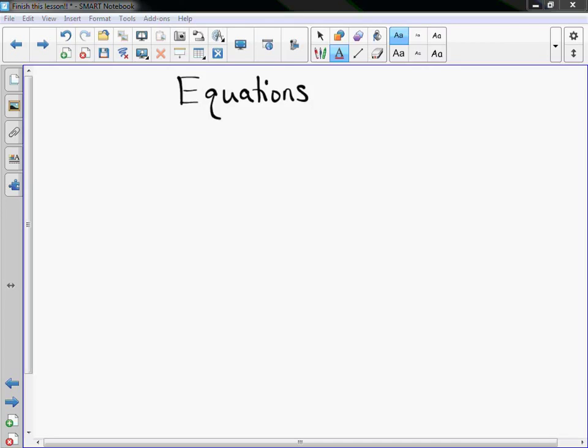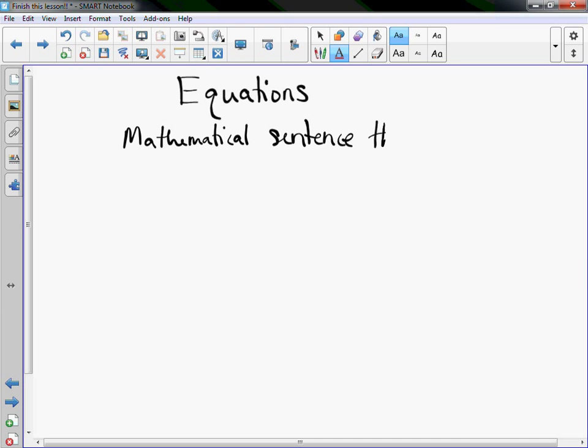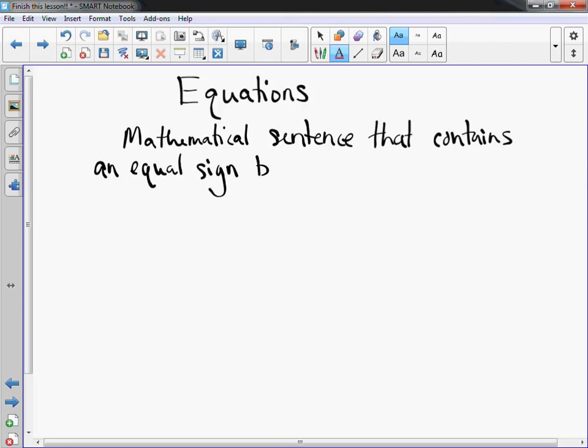Equations. Okay, let's define the word equation. This is a mathematical sentence that contains an equal sign between two expressions.